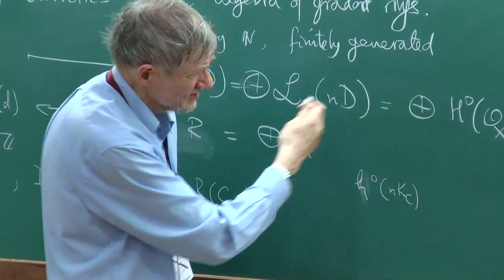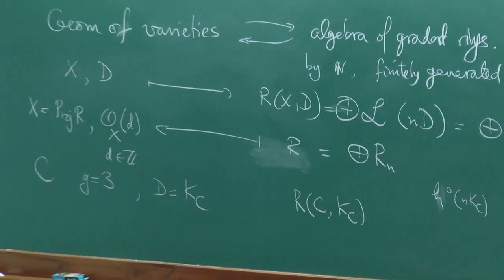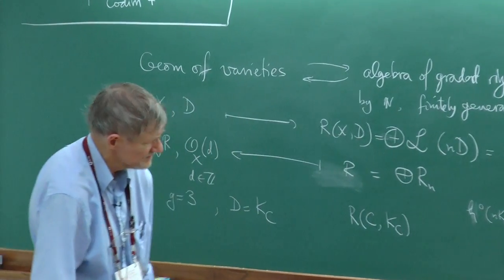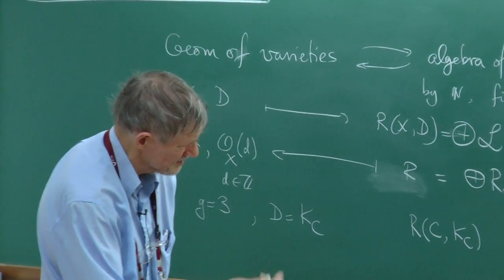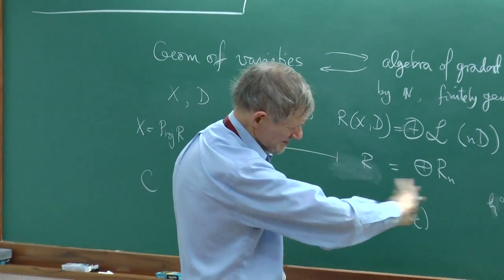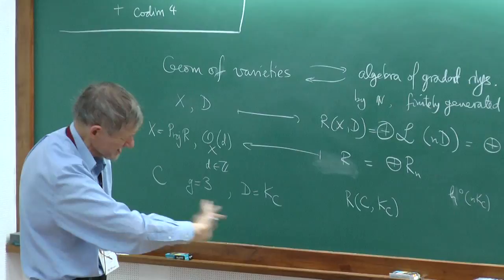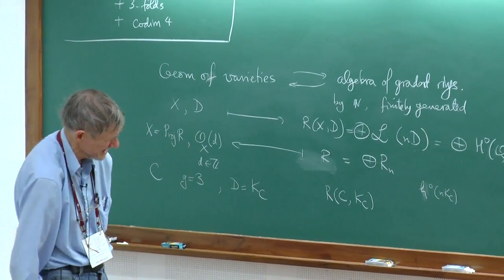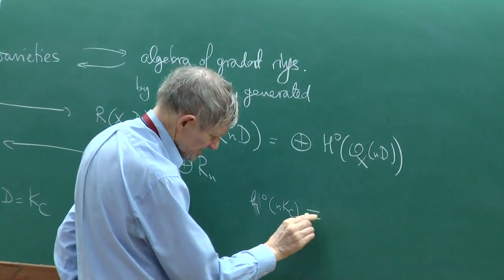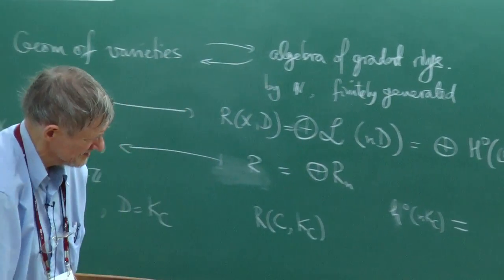The first thing you need in this game is to know the dimension of these vector spaces. At the moment I'm using Riemann-Roch and calculating them one at a time. Later on, these are given automatically, in bulk, by a single Hilbert series, and there are nice theories about the Hilbert series.